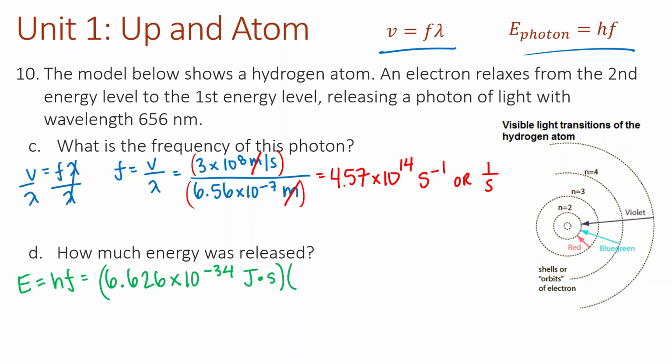When we multiply by our frequency, which we just calculated in the last problem, notice that units of seconds are now going to cancel. Then the only unit left will be joules, which makes sense because we're solving for energy here. Again, using parentheses around these numbers in your calculator, we're going to get our answer of 3.03 times 10 to the negative 19 joules.